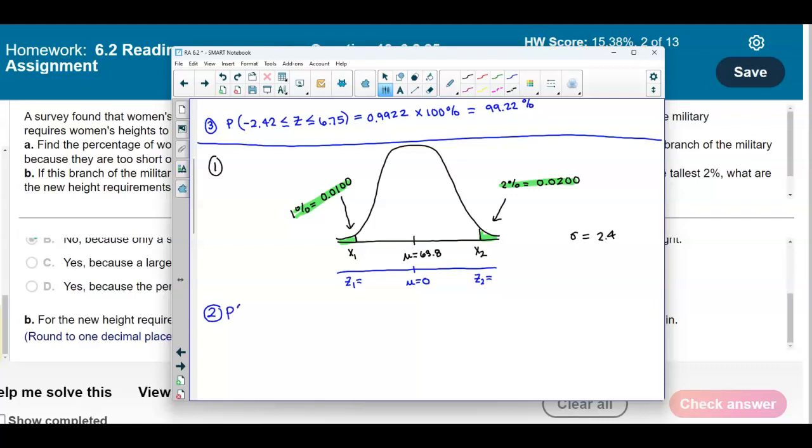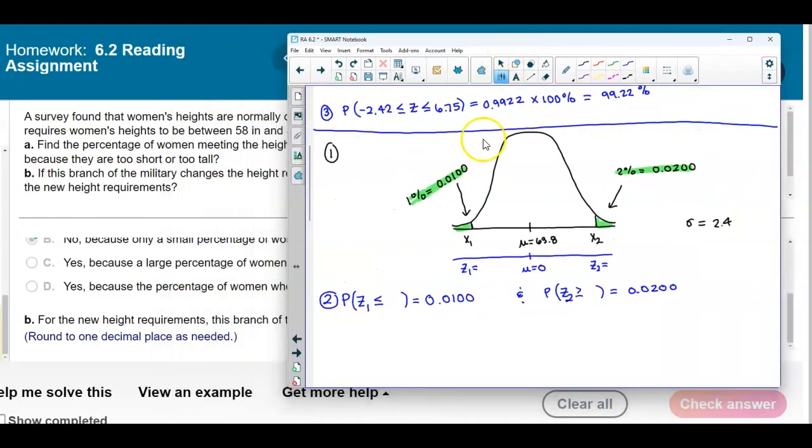The probability of z-score 1 being less than or equal to something we don't know has an area equal to 0.0100. For z-score 2, you can see that the area is shaded to the right, so it's greater than or equal to, and we're given the area to be 0.0200. Our goal here is to find the z-scores, and we can use StatCrunch to do that.